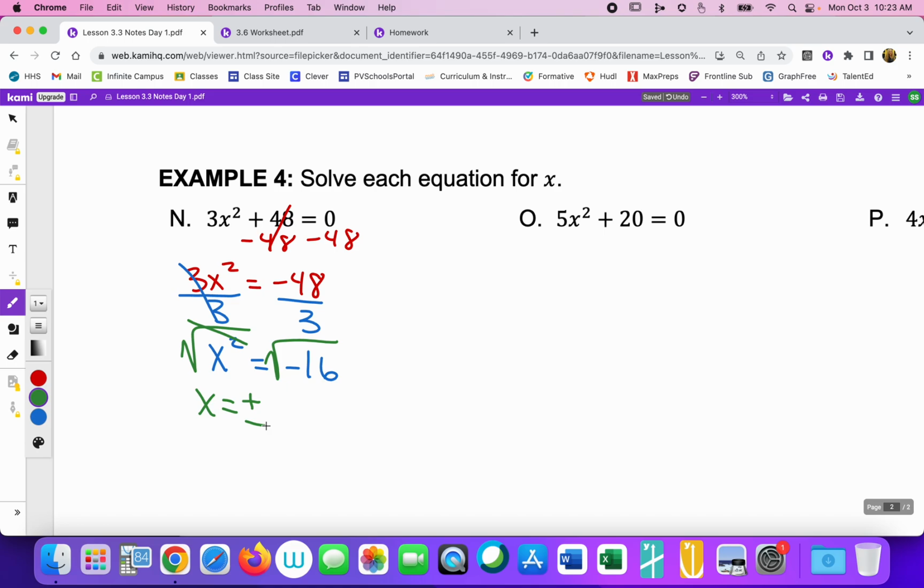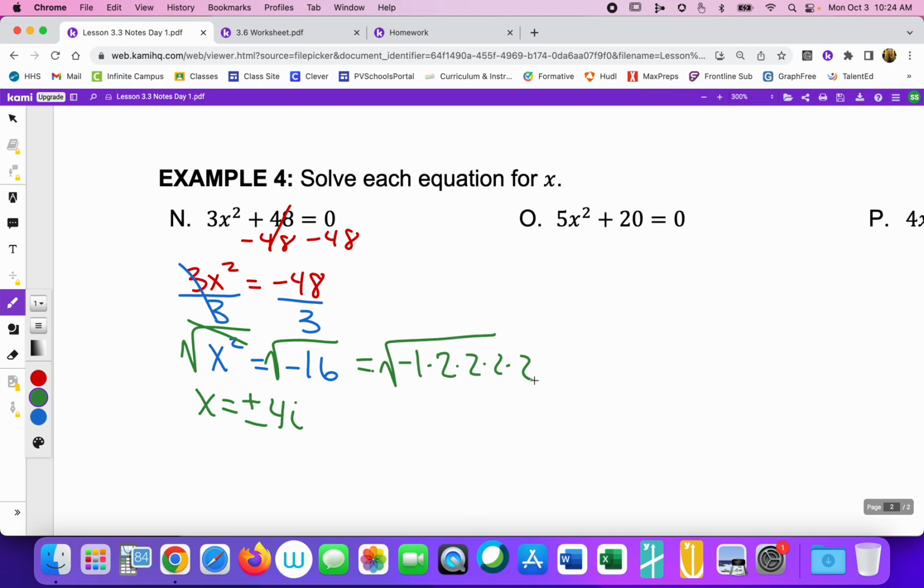Now, is 16 by itself a perfect square? Yes. So you can break it down into negative 1, and then it's a pair of 4s or 2 pairs of 2s. So if there is a perfect square in here, take its root out, which would be 4, and then that square root of a negative 1 just means there's an i tacked on it. Or you break it down like we did on the front.